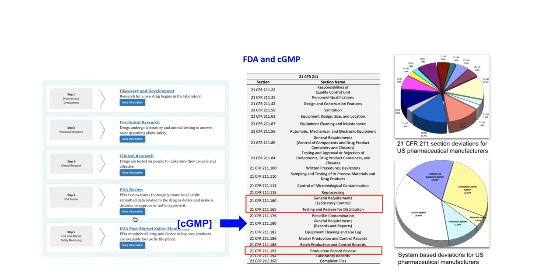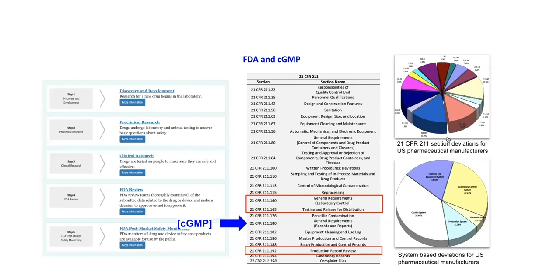In the middle, between step 4 and step 5, we have a huge band that we have not gone into deeply. This is the manufacturing processes, where we have a lot of regulations and examples about how to manage that.